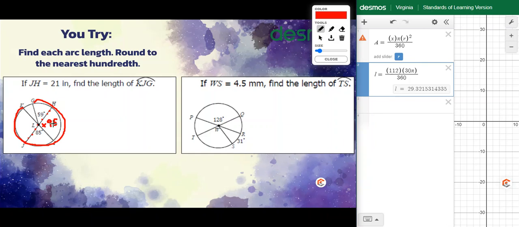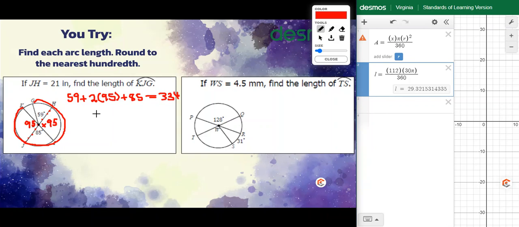And if this one is 95 degrees, these are vertical angles, so this one has to be 95 degrees. Which means now we can add all of these together, which gives us a total degree measure of 334.